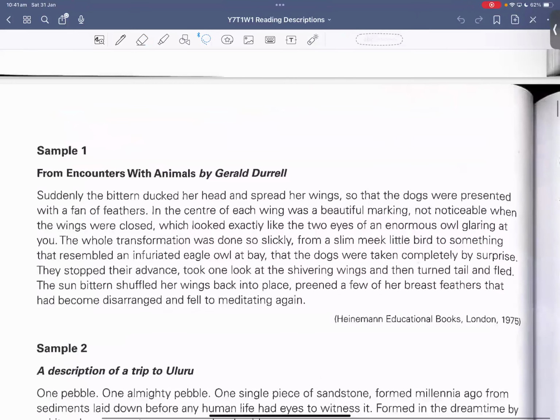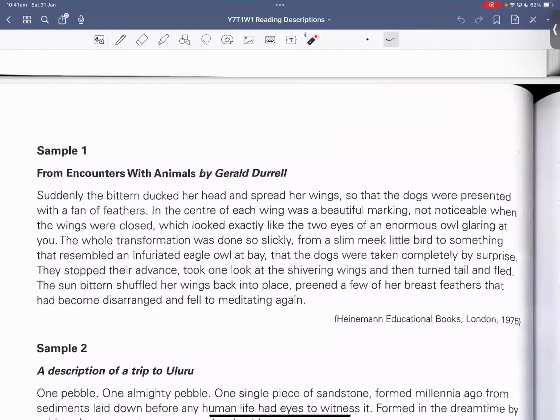Is there any word that you guys see that makes you think of a shape? Transformation. Transformation? What shape does that make you think of? Any shape word. Can we think of any words that remind us of a specific shape? Yeah? Eyes. Circle. Yeah, eyes.